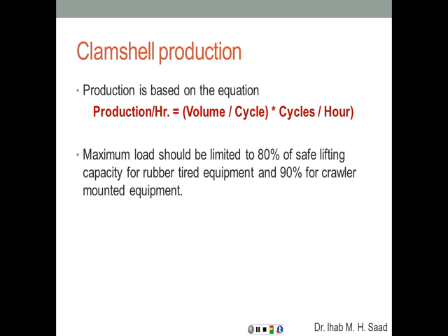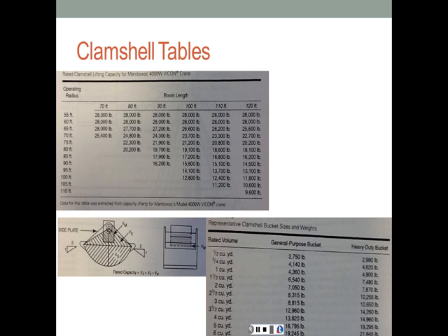This is a relative factor of safety, just to make sure that we're not going to have any over tipping or any stability issues with the equipment. And again, here we have a table that shows the different cranes and, at the different boom lengths, what's going to be the operating radius and what's going to be the total load that it can carry at the tip of that boom.